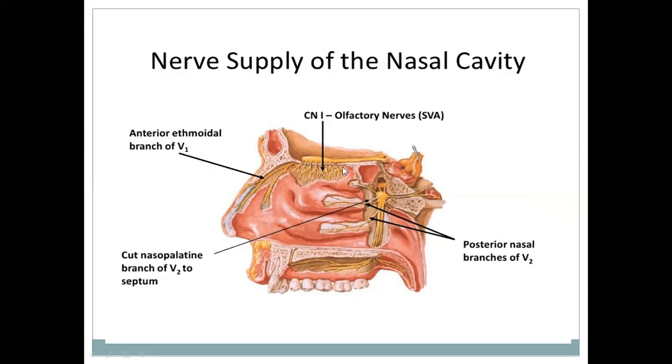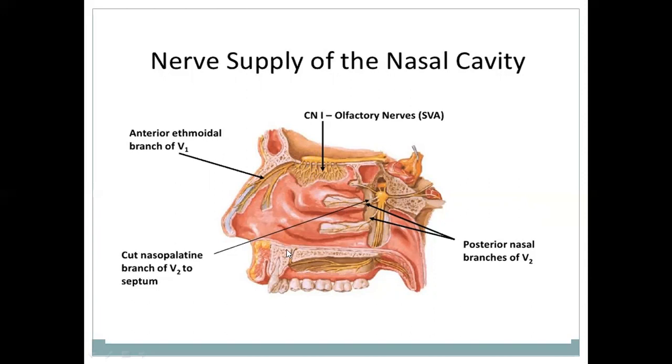This cribriform plate has holes in it. So the olfactory nerves pass through the cribriform plate into the anterior cranial fossa, and this is the olfactory bulb, which is present over the cribriform plate in the anterior cranial fossa. This receives the sensation of smell.